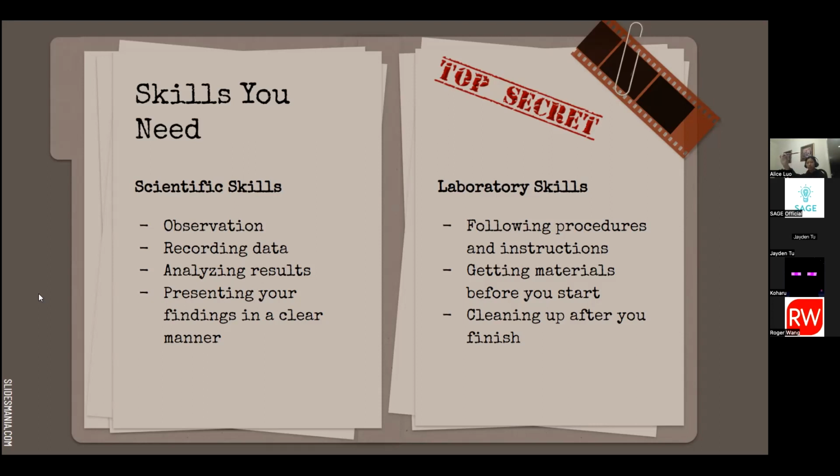That's an observation. And you also want to record data. So there are 24 pencils in this box. And that could be your data. Maybe another box of 30 pencils. And then you'd analyze your results. So whatever results you get, you want to see what you can find with these.